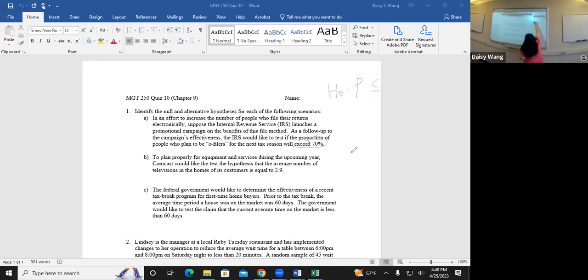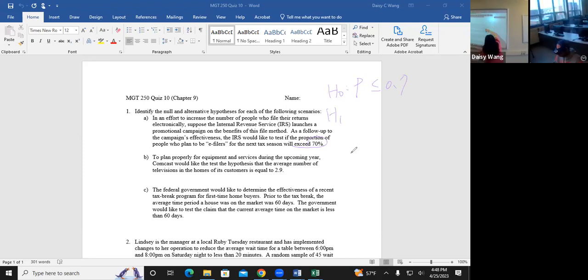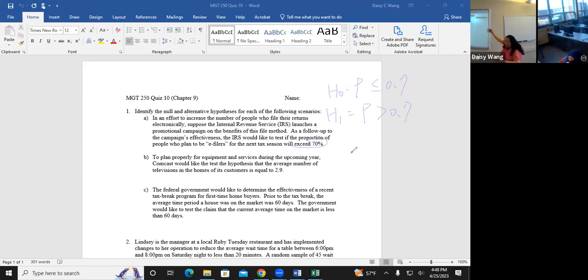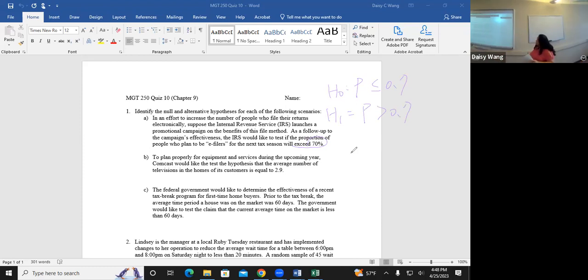So P is less than or equal to 0.7. That's the null hypothesis. And we want to try to reject this one, so this is our alternative hypothesis: P is actually greater than 0.7. So they want to show that their effort works.